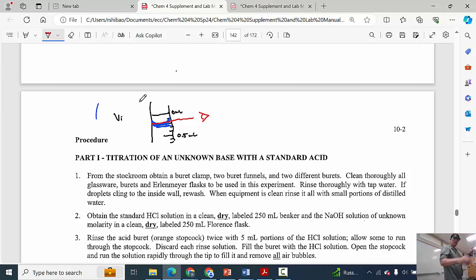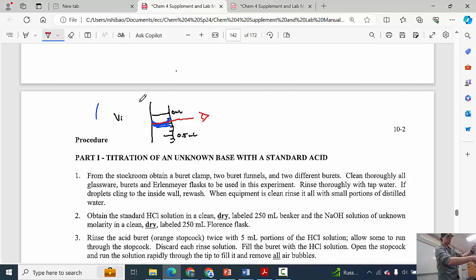We have to keep track of which funnel's which. We don't want to use the acid funnel for the base and vice versa. The reason I fill it above is because can you see air bubbles in the tip here? I need to purge all the air and whatever is stuck in here out. And so that's why I need a little extra here.